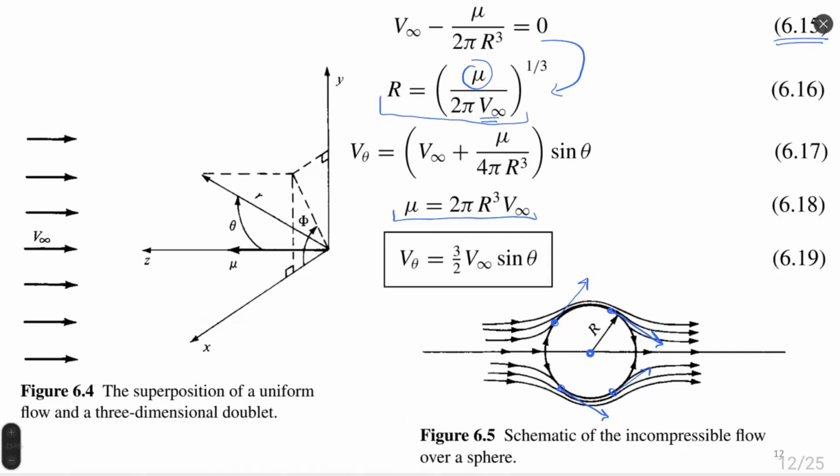In such a case, what we see from this picture, I think you can see something that is similar, not the same, but similar to what we saw on the cylinder. First of all, analyzing the pattern of streamlines, we see that streamlines are symmetric in the horizontal direction, and also streamlines are symmetric in the vertical direction, once we are looking at the front and rear part of the sphere.